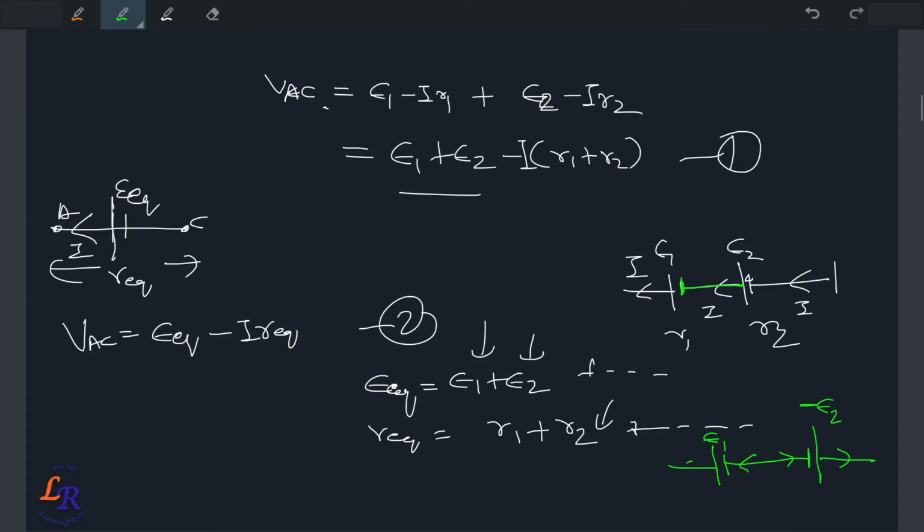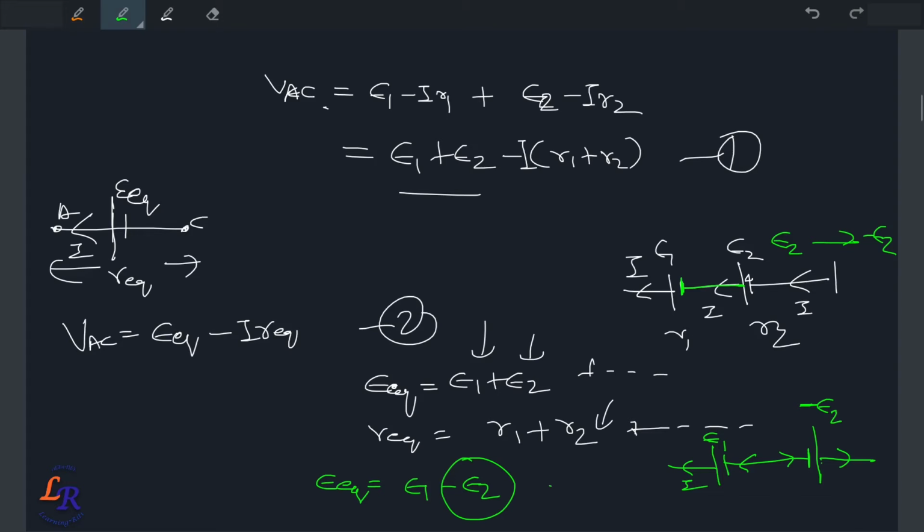So here the current flows like this, and here it is in the opposite direction. So the EMF epsilon 2 turns into minus epsilon 2 in such cases. So your epsilon equivalent is equal to epsilon 1 minus epsilon 2, because EMF 2 is replaced with minus epsilon 2, as the polarity is reversed.